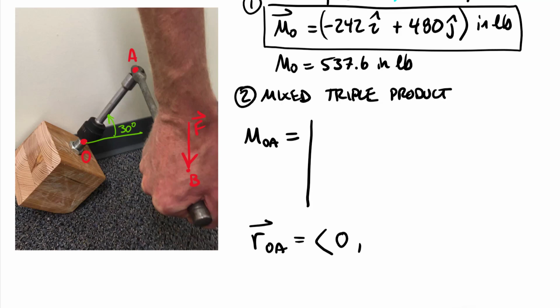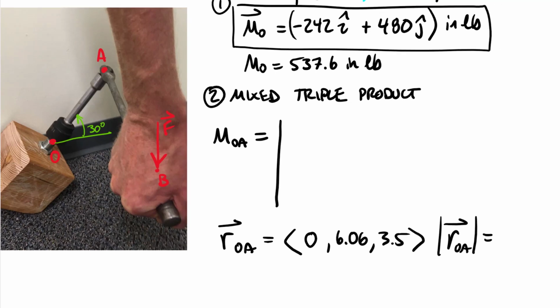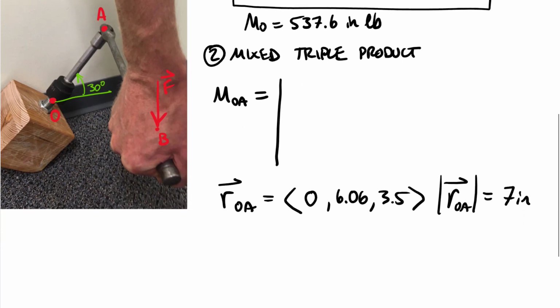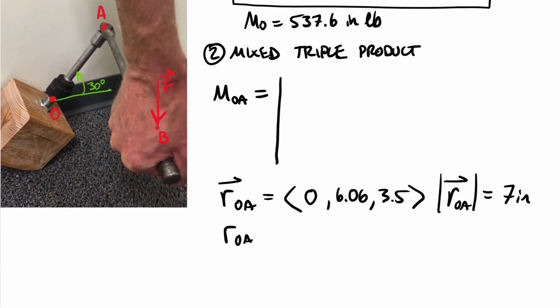And so the other two values here are 6.06 and 3.5. Computing the magnitude of R_OA, I can also write that as the vector magnitude. It turns out that that full vector has a length of 7. That was actually given in the problem. So then we can find that R_OA hat, the unit vector, is 0, 0.866, 0.5.